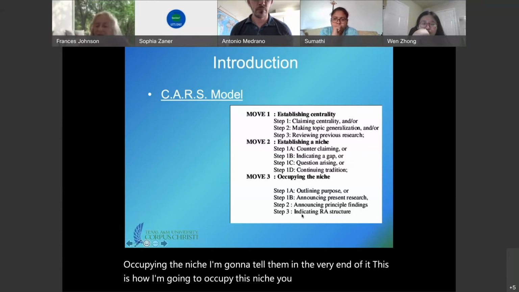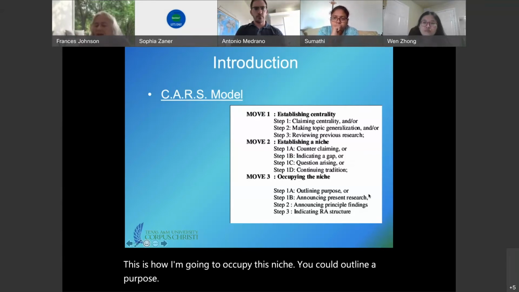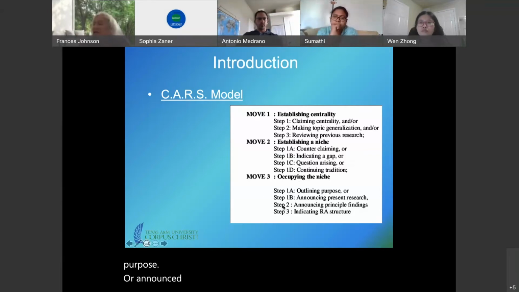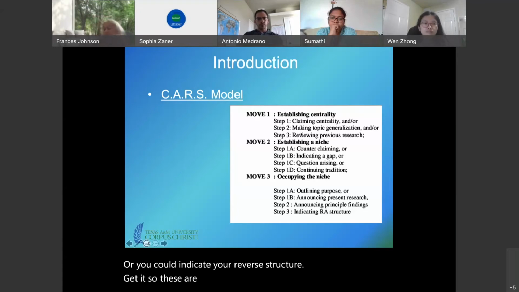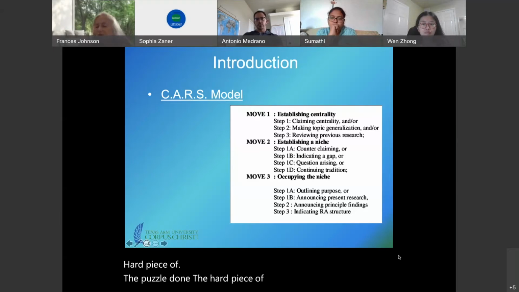You can outline a purpose or announce present research. You can announce the findings of your research, or you can indicate your reverse structure. So these are very simple. And it's a very simple way to get this hard piece of the puzzle done, the hard piece of writing your introduction.